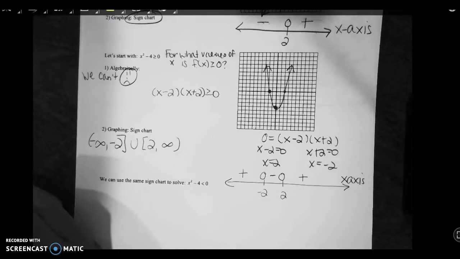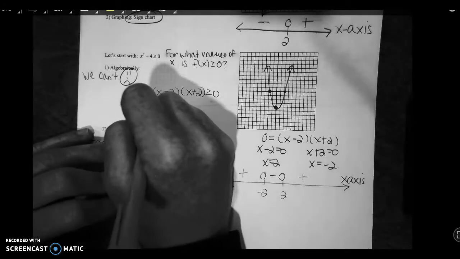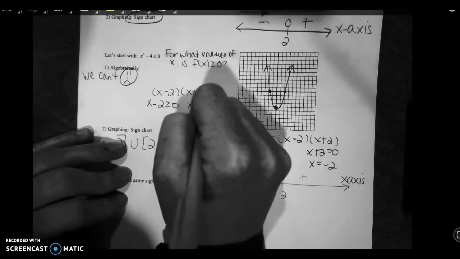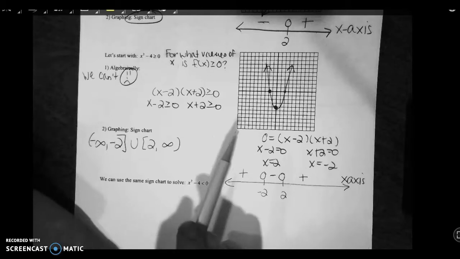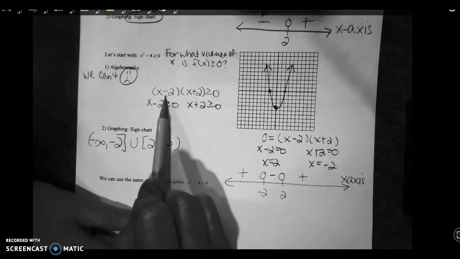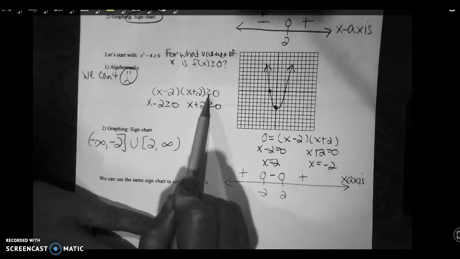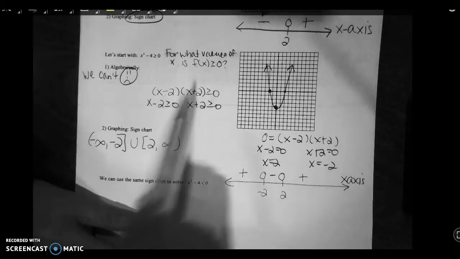Then they take, incorrectly, each factor and set it equal to 0. Now, I want you to think about this for just a minute, greater than or equal to 0. We do know that a positive times a positive will give us something greater than 0. But what else will? A negative times a negative.